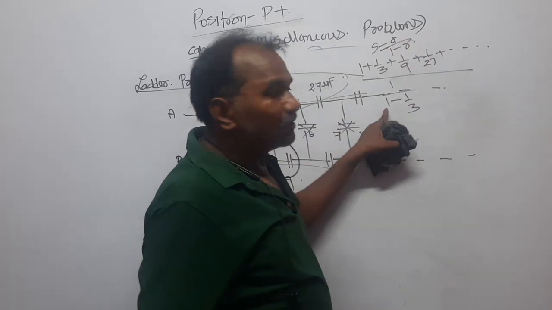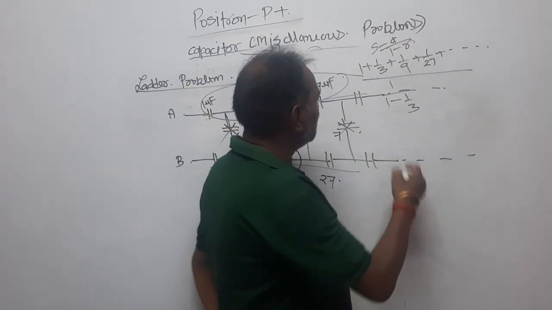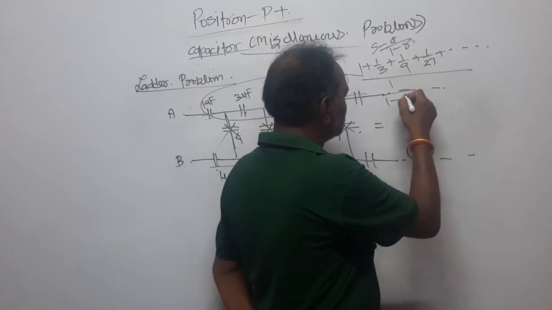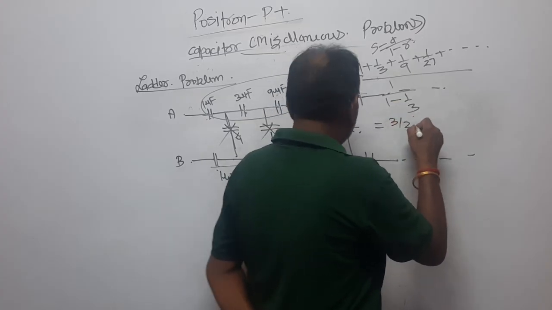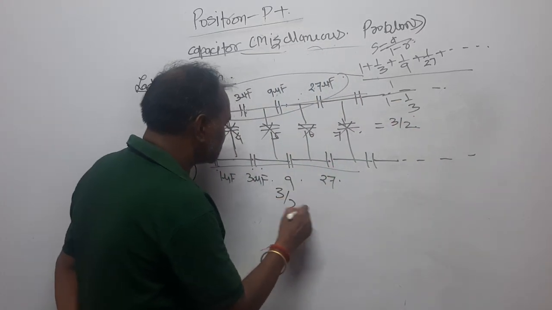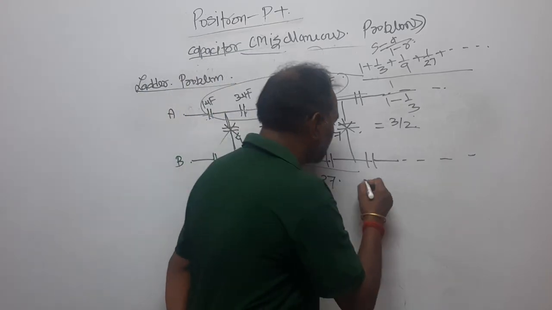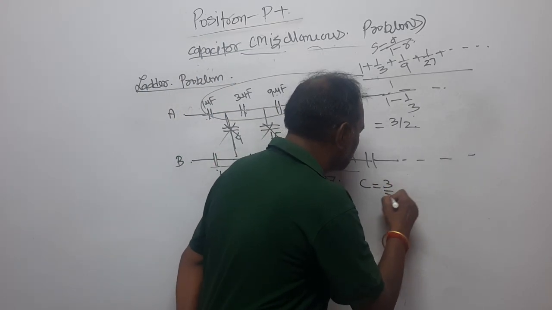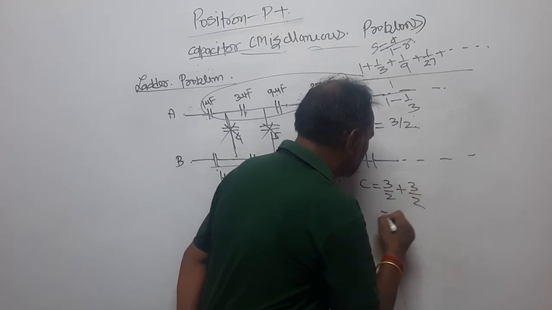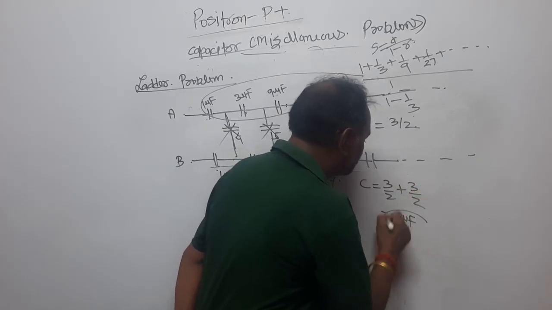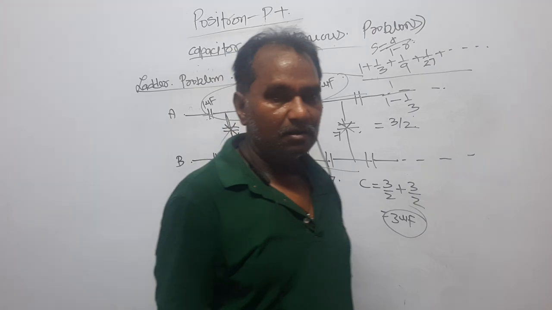A is 1, 1 minus R is 2 by 3. So it becomes 3 by 2. Similarly, the other branch also has the value 3 by 2. And these two combinations are parallel. So equivalent capacitance C is equal to 3 by 2 plus 3 by 2, that is 3 microfarad. That is going to be the answer, right?